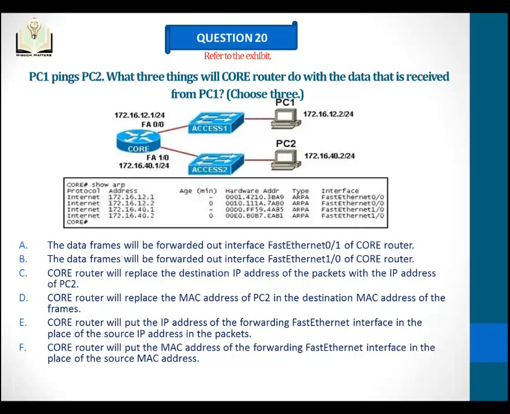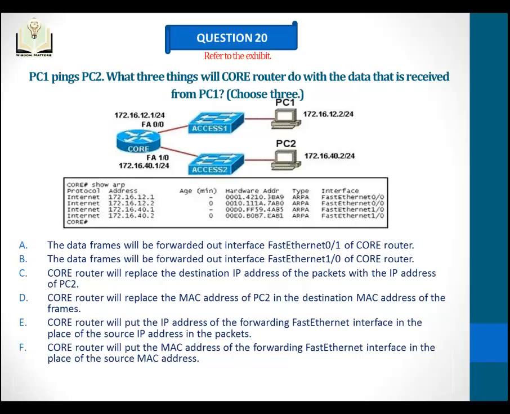PC1 pings PC2. What 3 things will the core router do with the data that is received from PC1? Choose 3. After going through this exhibit, please go through the answers below. A, the data frames will be forwarded out interface FastEthernet 0/1 of the core router. B, the data frames will be forwarded out interface FastEthernet 1/1 of the core router.